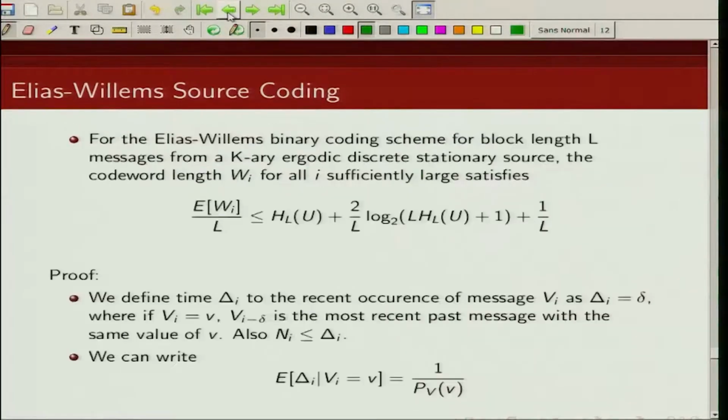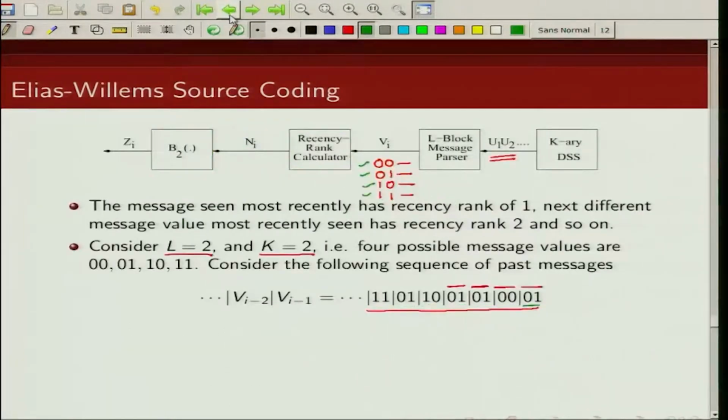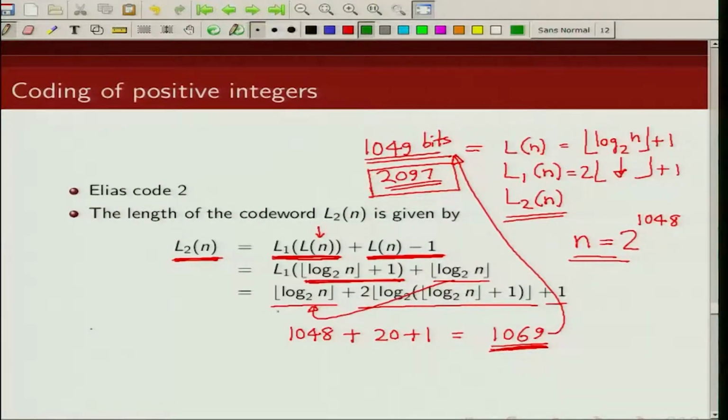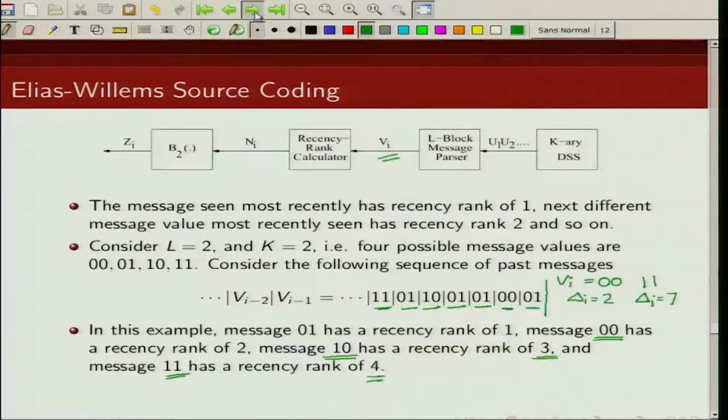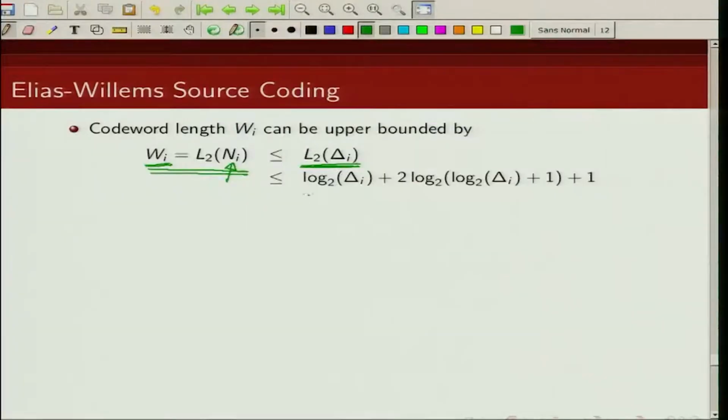If you just go back and refresh your memory, this is given by this expression. Now, if I remove these floors, I can write the length of Elias code is upper bounded by log to the base 2 of n plus 2 log to the base 2 of log to the base 2 of n plus 1, plus 1. So, that is what I am doing here. So, this follows from the length of the Elias code, correct.